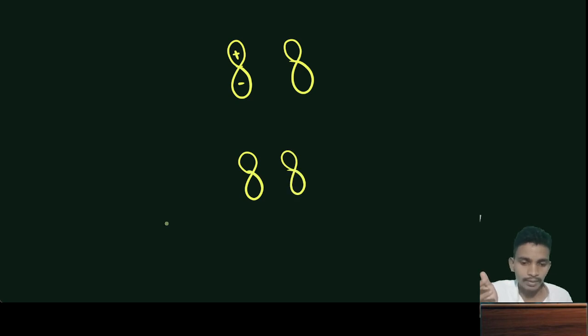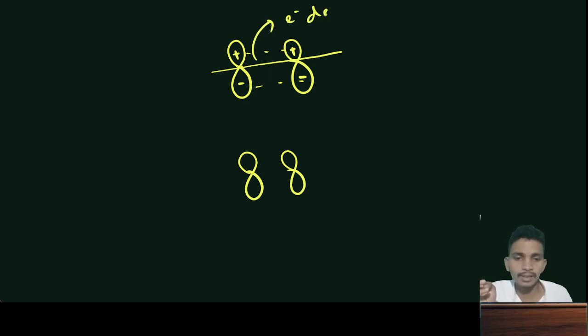If it is positive and negative, and now if it is also positive and this is also negative, then bond formation will occur here, and electron density is present. So if you are like this, then here electron density is present, because bond formation happens.